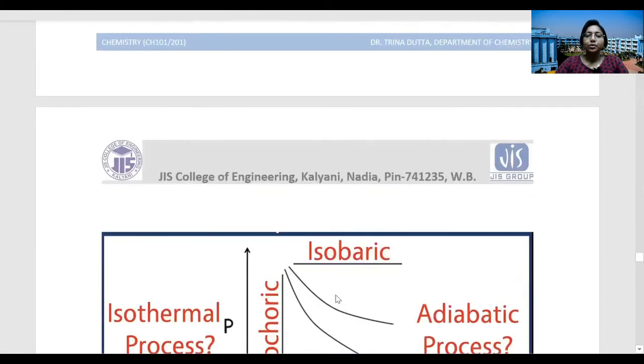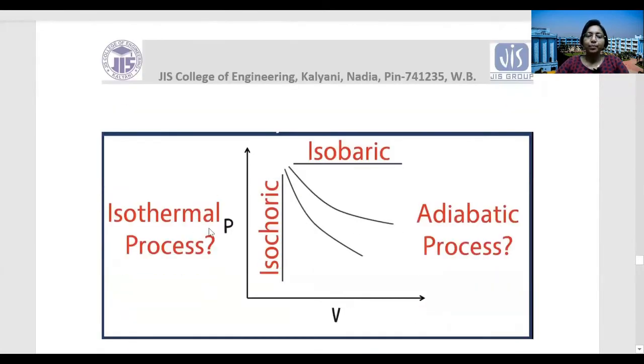Here you look at the graphical representation. There is the isochoric process, isobaric process, adiabatic process, isothermal process. So one by one, we will get the idea about different processes.